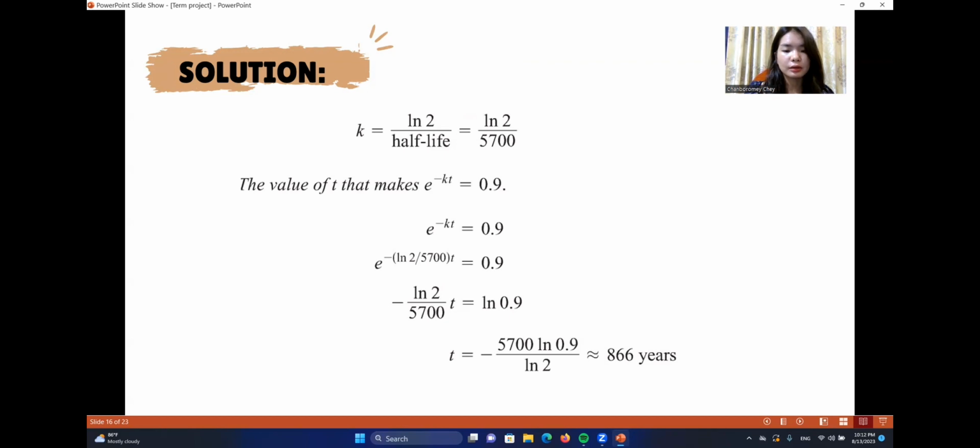So we replace k by negative natural logarithm of 2 over 5,700 years times t equal to 0.9, and we can calculate it and find that t will be equal to 866 years.